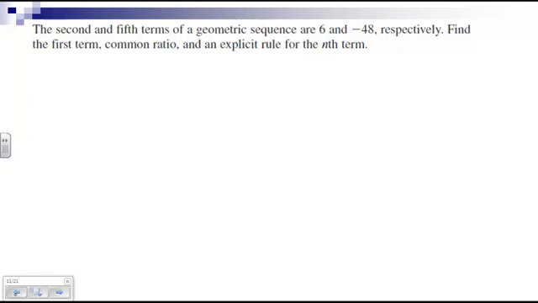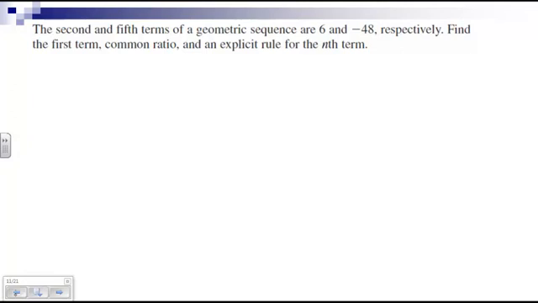Okay. I'm telling you that 6 and 48 are the second and fifth terms in our geometric series. Can you use your mad math skills to find out what the first term, the common ratio, and the explicit rule is for that sequence?